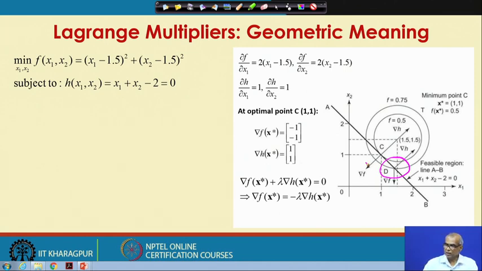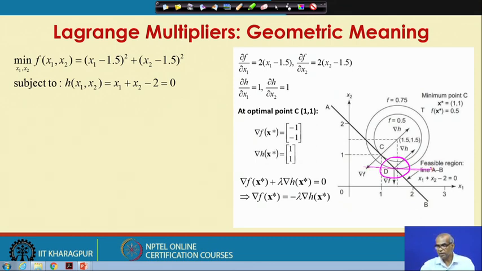note that the constraint gradient vector delta h is perpendicular to the constraint line AB. It was perpendicular at point C also, and the gradient vector delta f of the objective function is also tangent to this contour line.